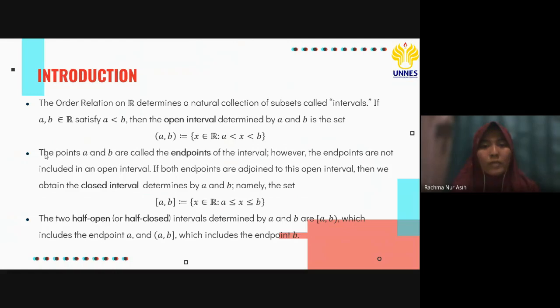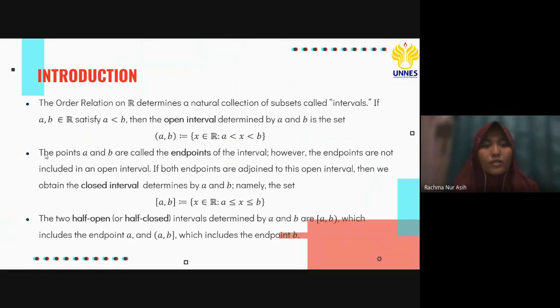If both endpoints are adjoined to this open interval, then we obtain the closed interval determined by a and b, namely the set [a, b], defined as the set of x in the real numbers such that x is greater than or equal to a but less than or equal to b.